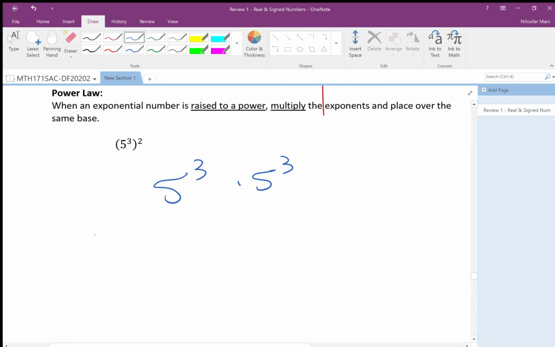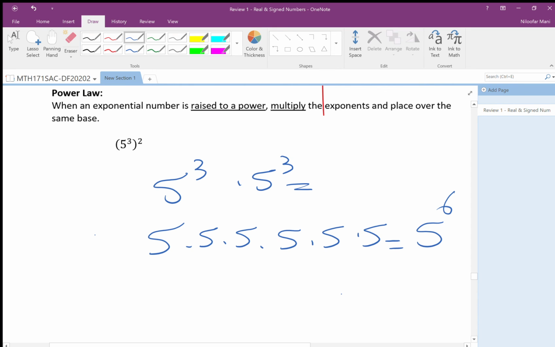Because it's power 2. And for each one, this is 5 times 5 times 5, times 5 times 5 times 5. How many 5s do I have? 6. Sorry, power 6. So 5 power 3 power 2 is like 5 power 2 times 3.